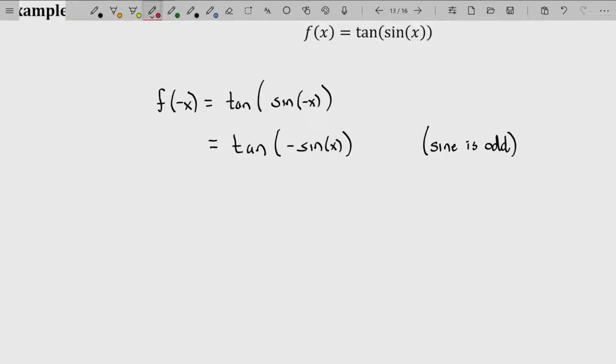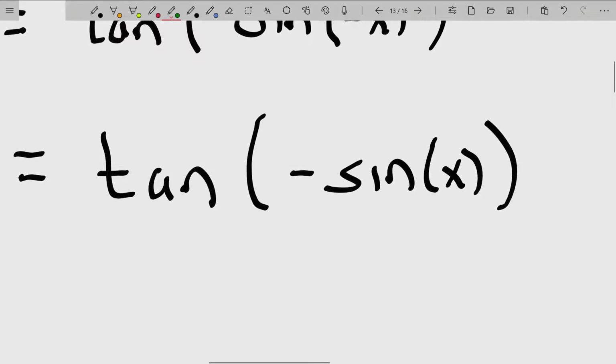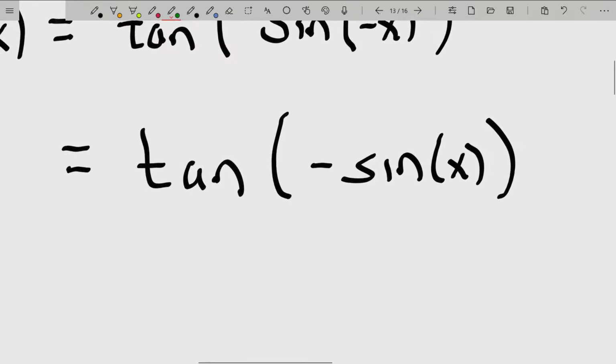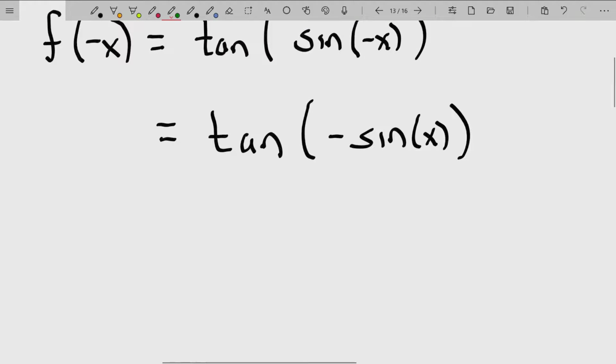So if I was looking, for example, at the tangent, I should use a different color for this. The tangent of a negative number would be equal to the negative tangent of that number, because tangent's odd. So this is tangent of a negative something, sine, but it doesn't really matter.